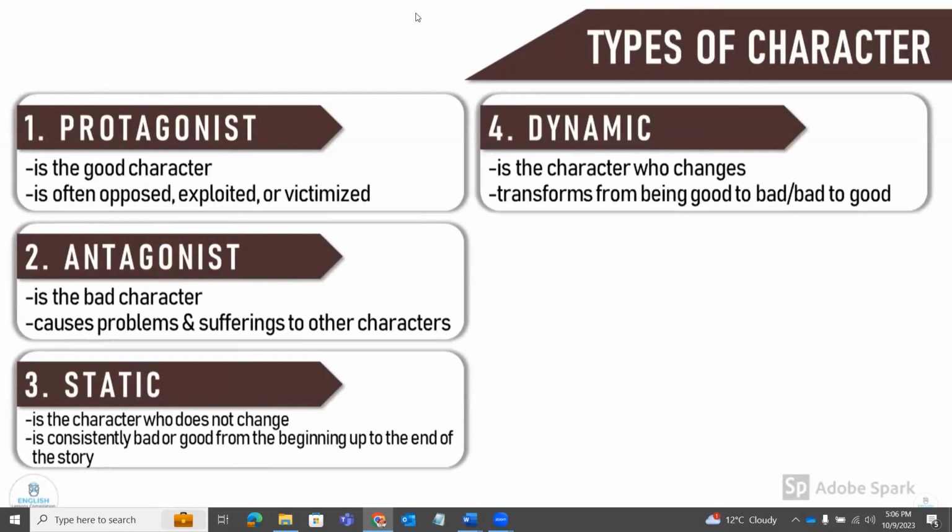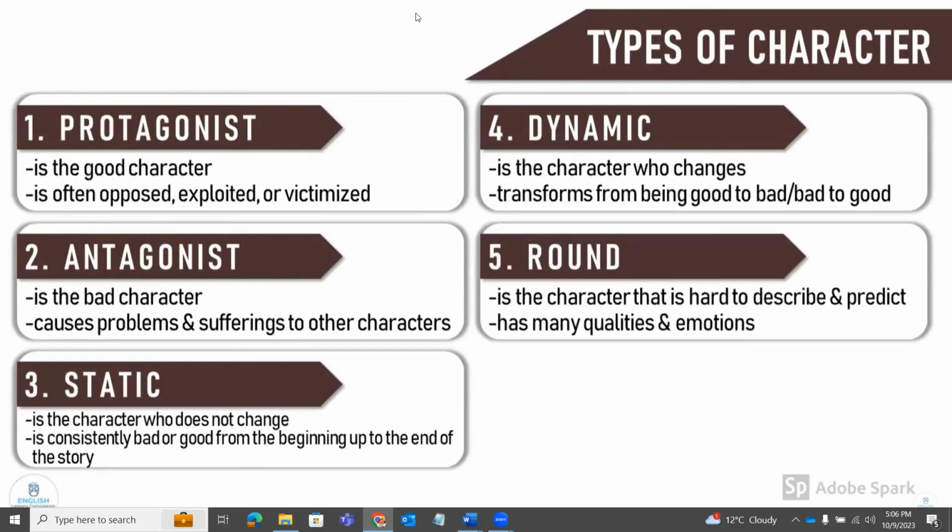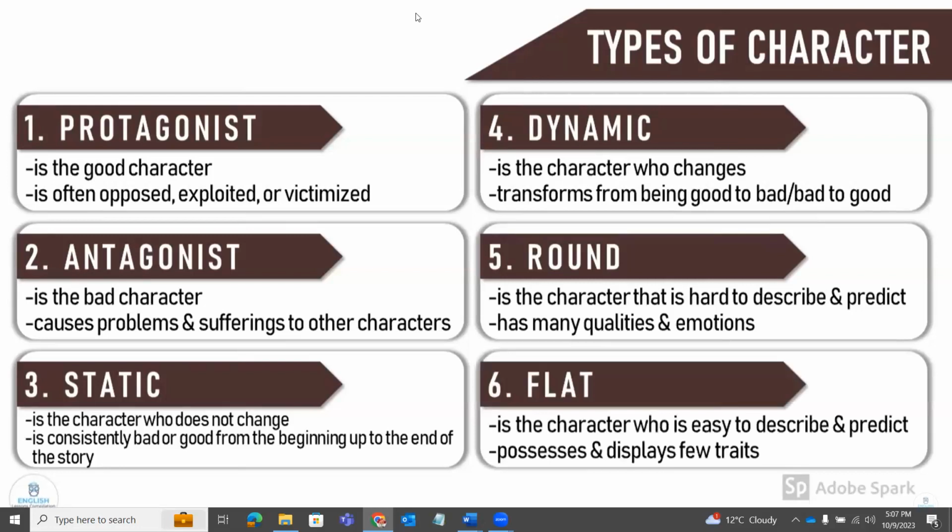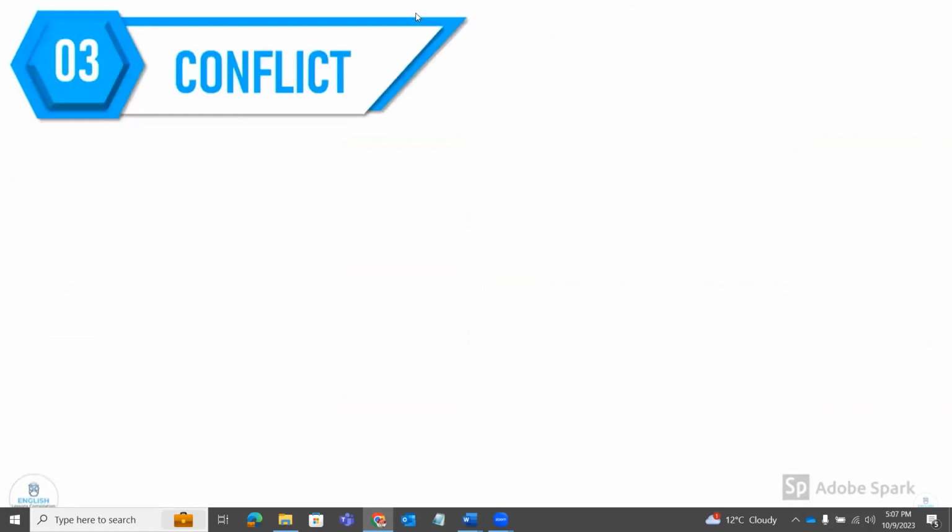He transforms from being good to bad or bad to good. Round is the character that is hard to describe and predict. He has many qualities and emotions. And the last is flat. He is the character who is easy to describe and predict. He possesses and displays few traits.